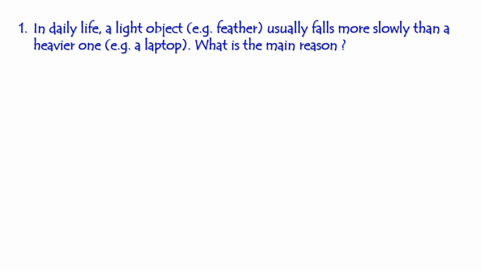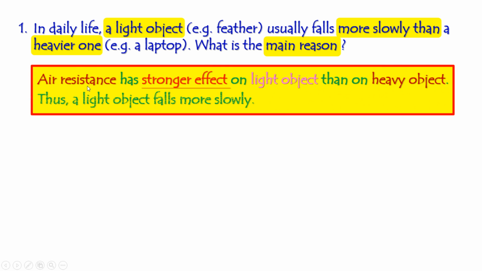Do you still remember the video? Galileo demonstrated a falling ball experiment at the Leaning Tower. He demonstrated that both balls fell to the ground at the same time. But in our daily experience, it is not the case. Do you know the reason why? Yes, it is because of the air resistance.